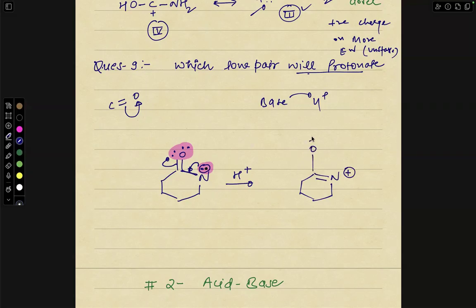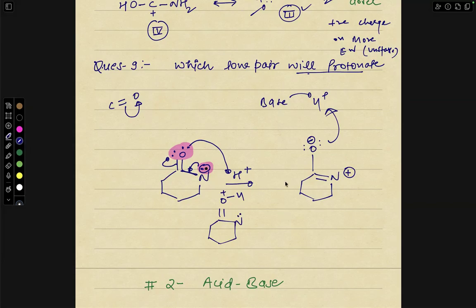Oxygen has the head of the arrow, so it has a negative charge. Make sense? So this oxygen is negatively charged and it would act as a base, so it would grab this proton. So simply we can say this lone pair is going to protonate because that one is not in resonance. So the final step would be this. Clear?